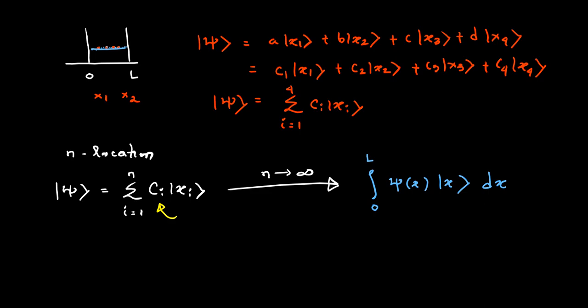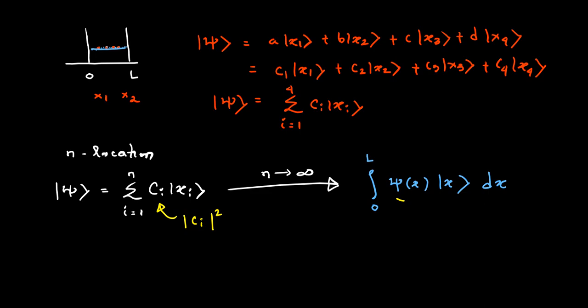But now the discretized nature is kind of gone, because you have taken so many points that it is more continuous in nature. In such a case you don't have the summation, you have the integration, and these values, if you square them, give you the probability of finding the particle at a position x_i.